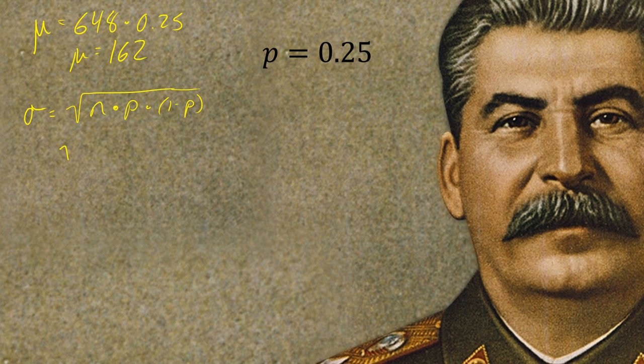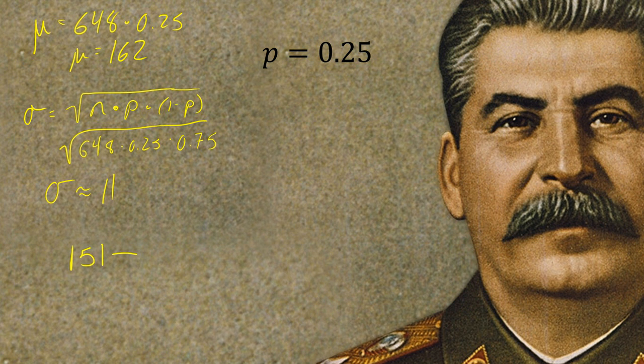If we plug in our numbers, it would be the square root of 648 times 0.25 times 0.75. And we simplify that down and we get our sigma approximately 11. It's a little over, like 11.02, but we still have our number. So it's approximately 11.